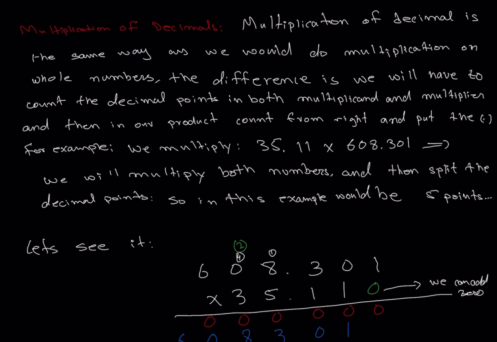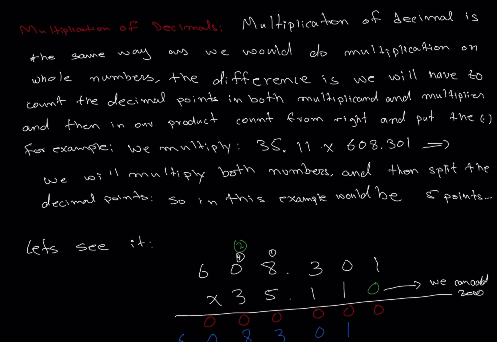Multiplication of decimals. Multiplication of decimals is done the same way as we would do multiplication on whole numbers. The difference here is that we still have to count the decimal places in both the multiplicand and the multiplier, and then apply that in our final product. For example, we multiply each number by each, and then the final product, whatever we have, we count these decimal places.